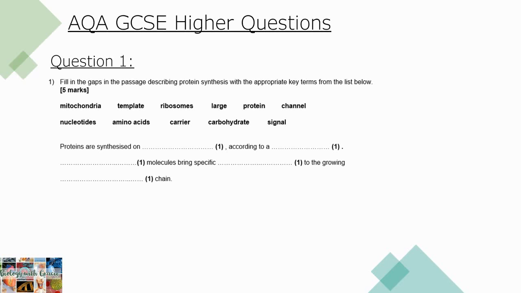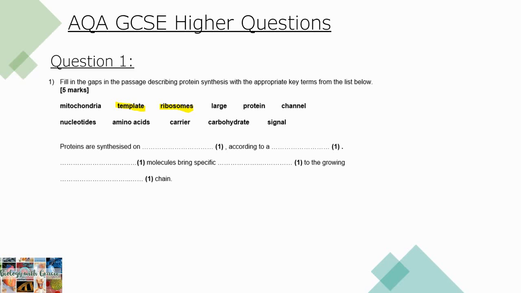So proteins are synthesized on blank. We know that proteins are in fact synthesized on ribosomes. So that is our first key term. And this is according to a template. We know that proteins are coded by a base code, a genetic code, and the template of this is what is in fact used for the protein synthesis. Then our next sentence: something molecules bring specific something to the growing something chain.